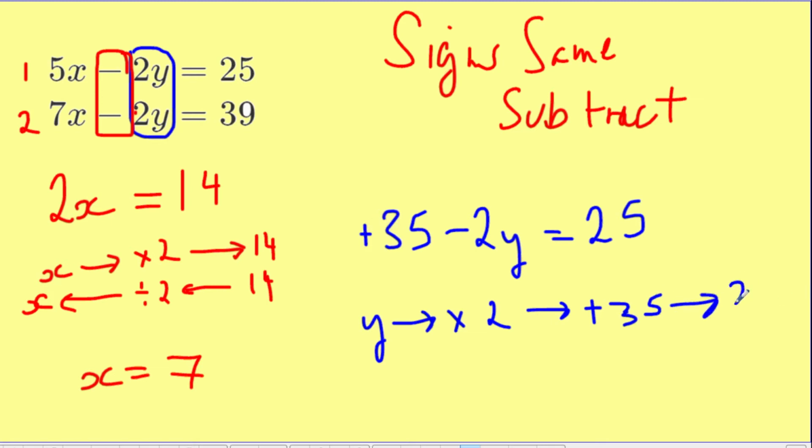Is 25. Put it in reverse. 25 take away 35. That's been minus there. Times by minus 2. Minus 35. So 25 take away 35 is minus 10. Minus 10 times by minus 2.